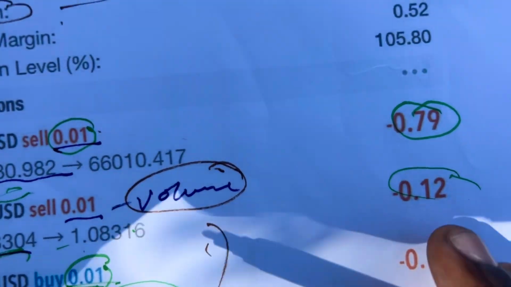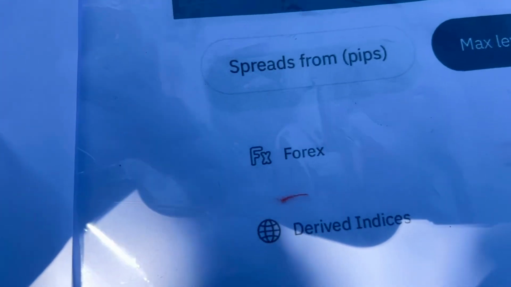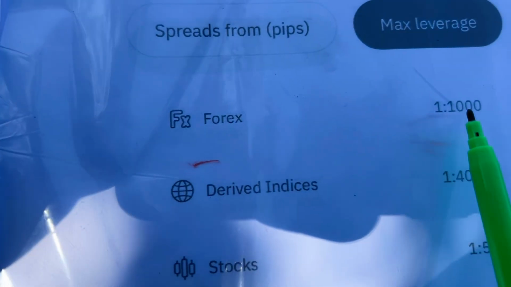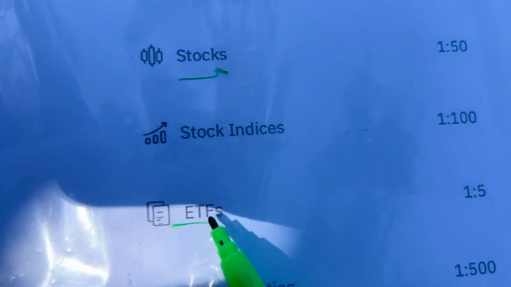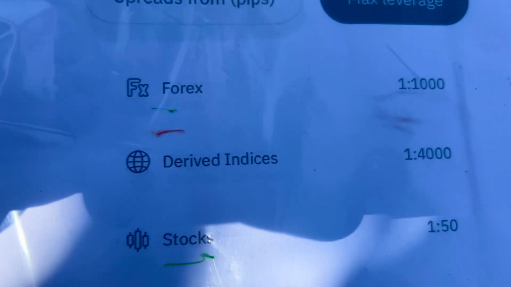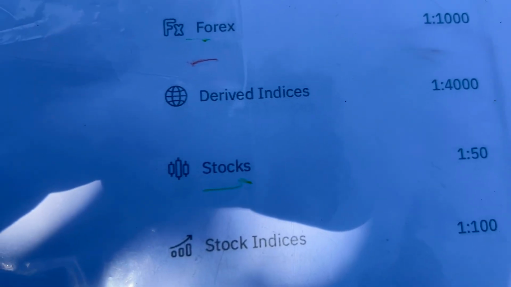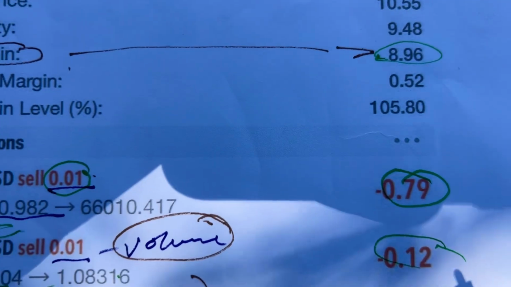Then a broker will divide the money by the leverage, which is the 1:1,000 that they're giving you if you're trading forex, stocks, ETFs or stock indexes, given that you're using the best broker to offer those services.